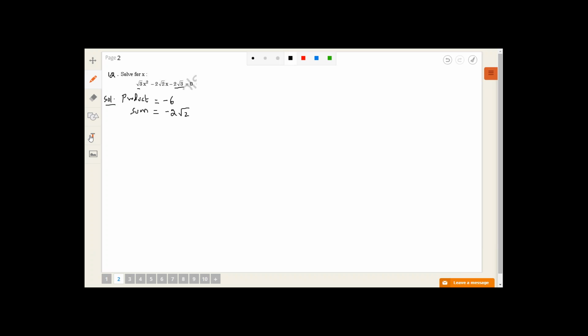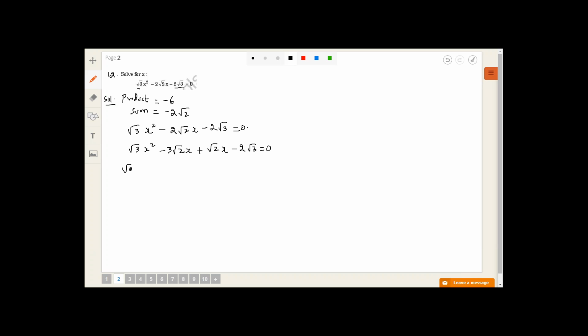So splitting the middle term, first let me write the given equation, root 3x square minus 2 root 2x minus 2 root 3 is equal to 0, or root 3x square minus 3 root 2x plus root 2x minus 2 root 3 is equal to 0.